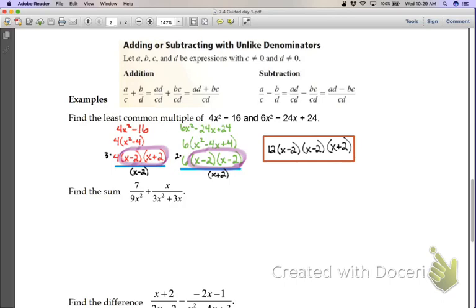Well, he has this toy, so I want that toy. So the red one needs an x minus 2 because the green one has 2 of them. The red one has an x plus 2, but the green one doesn't, so it has to get that one as well. Does that make sense?